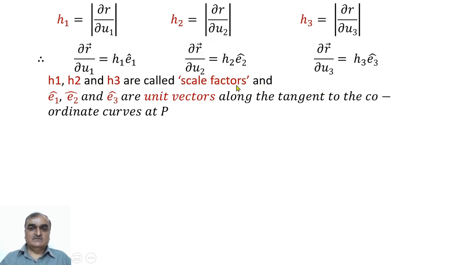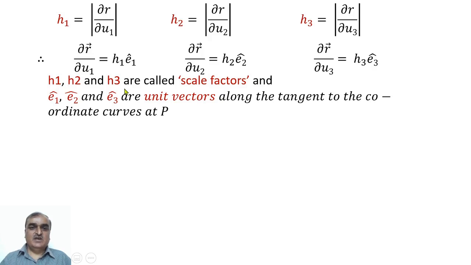For example, in spherical polar coordinates, theta and phi are not length coordinates. Therefore, to convert d theta and d phi into length, we have to multiply by some factors, and those factors are called scale factors. We will see that in the next part also.